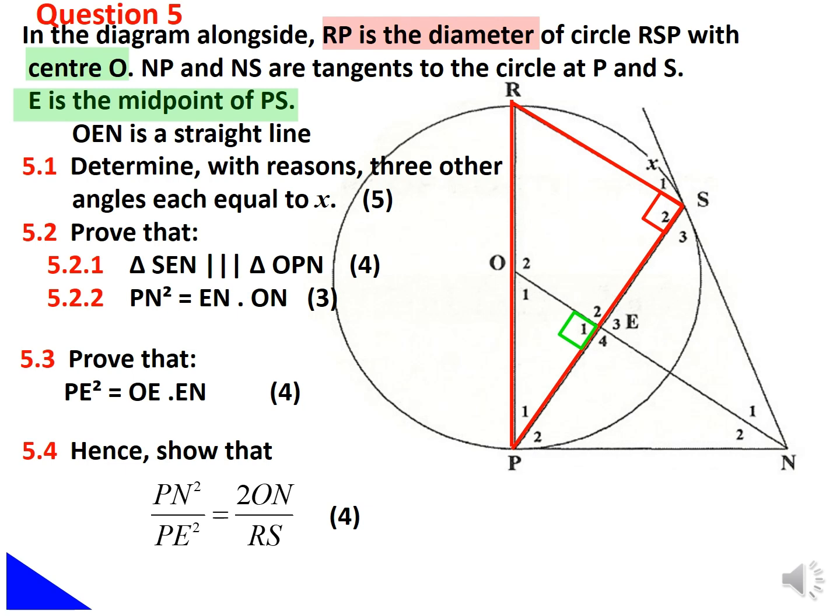We can conclude that because the angles S2 and E1 are equal, the line ON and the line RS are parallel to each other.